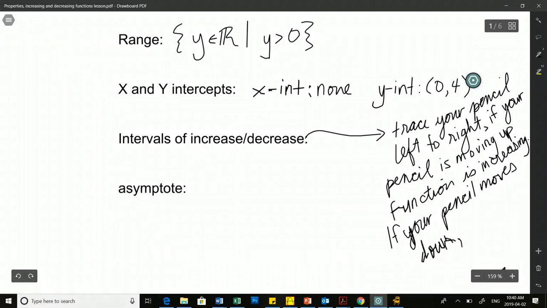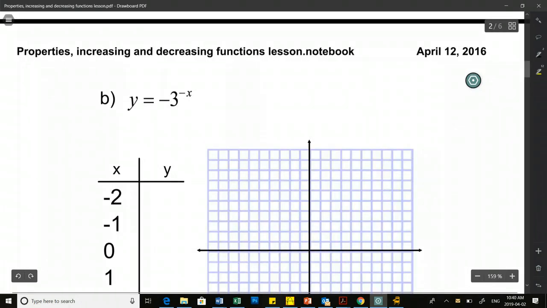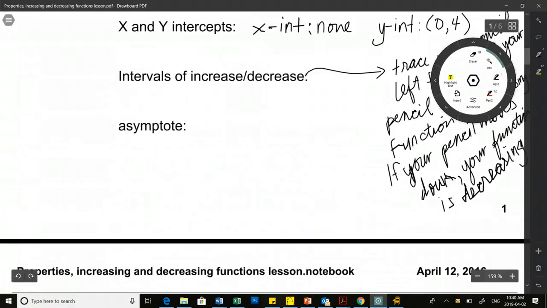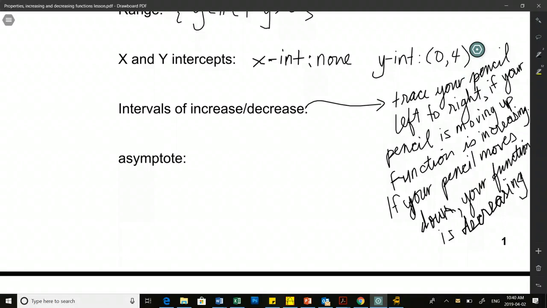Sorry for the messiness here. Okay, so we're going to trace our pencil left to right. If your pencil is moving up, the function is increasing. If your pencil moves down, your function is decreasing.